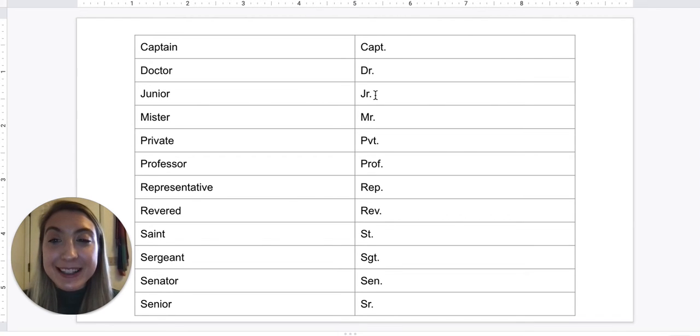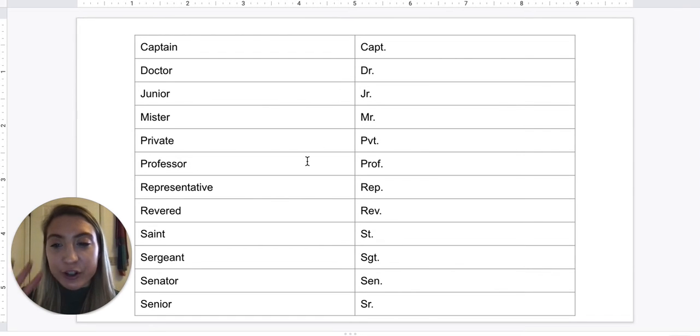Also the same with Mr., M-R, period. For private, this is where it gets a little tricky. Private is not just the first and last letter or the first 3 or 4 letters. It's P-V-T, period.